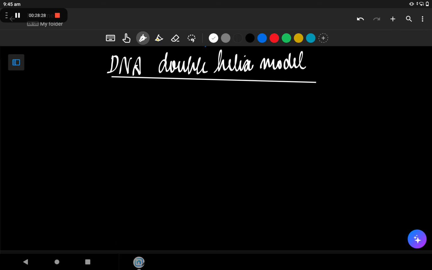Now let us see the DNA double helix model. In 1869, Friedrich Miescher discovered DNA as an acidic substance present in the nucleus, and he called it nuclein. Got it?